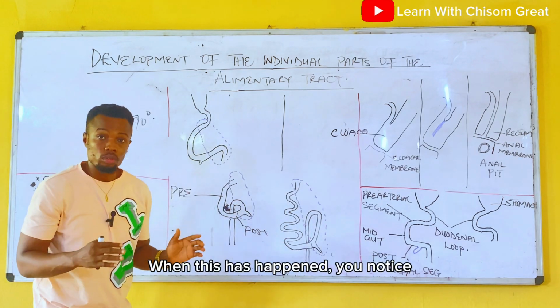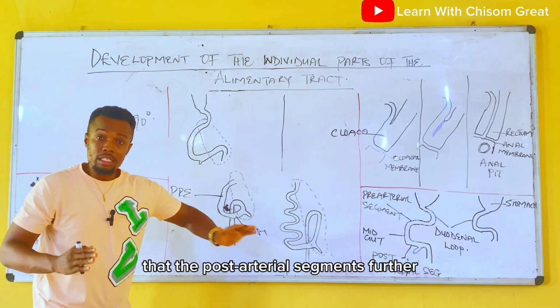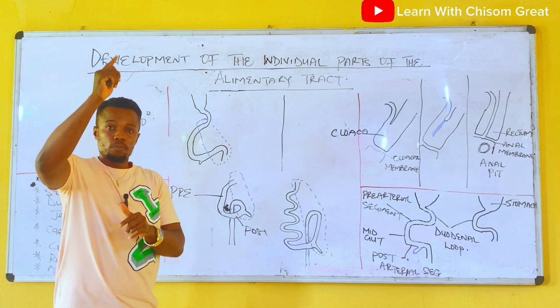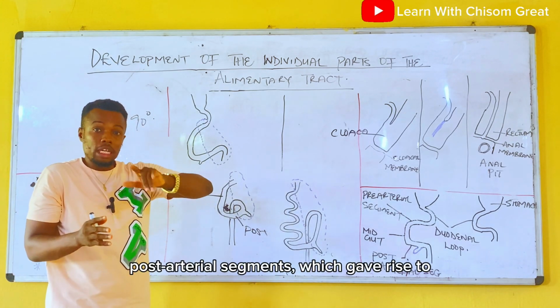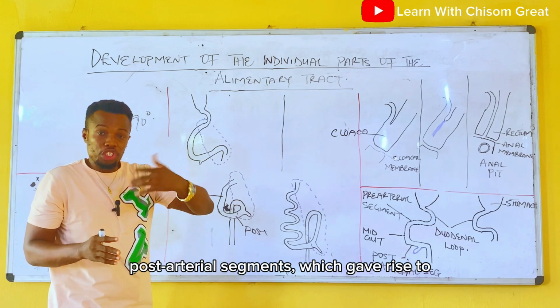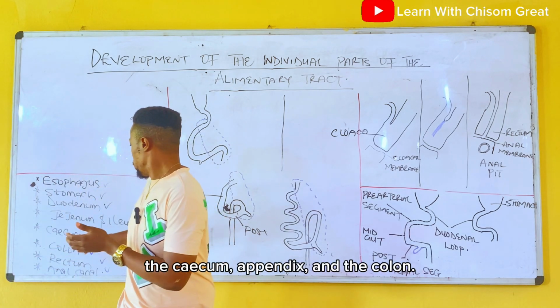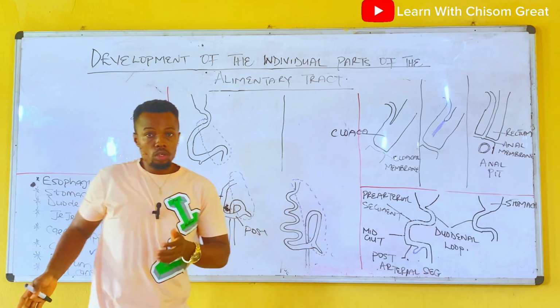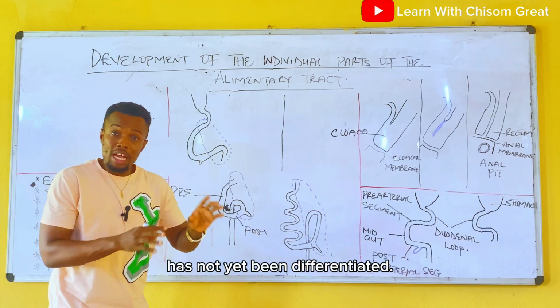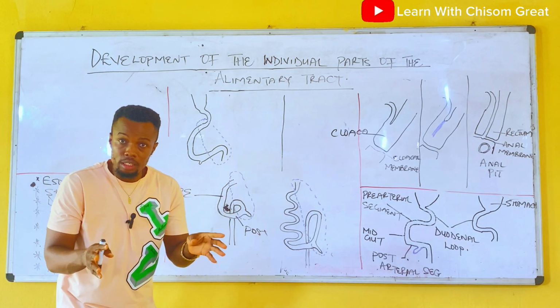When this has happened, the postarterial segments shift further, which gave rise to the caecum, appendix, and the colon. And at this point, the colon has not yet been differentiated.